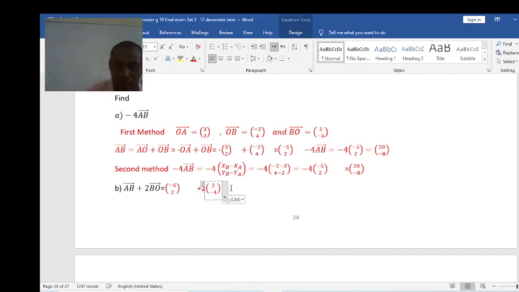Now just calculation. Negative 5 plus 2 multiplied by 2 is negative 1. Then 2 plus 2 multiplied by negative 4. 2 multiplied by negative 4 is negative 8. Then add 2, it will be negative 6. This is the last answer.